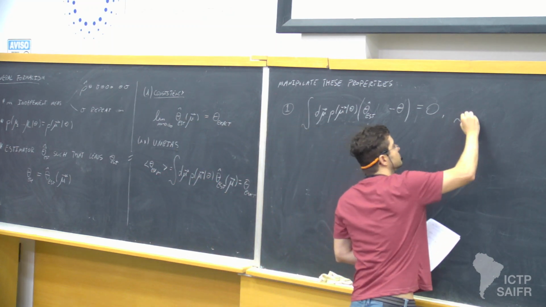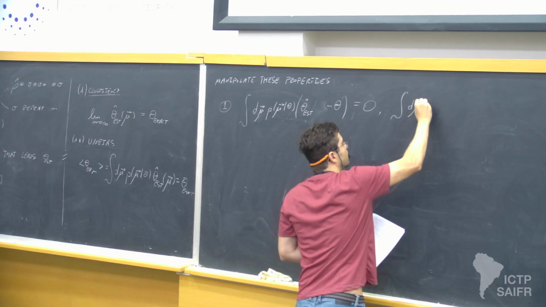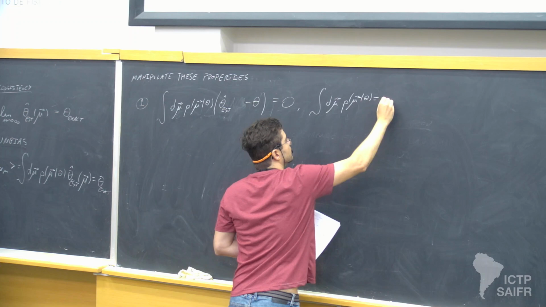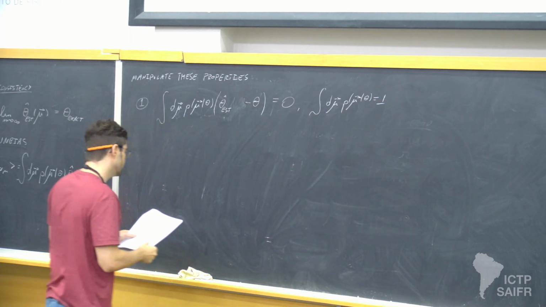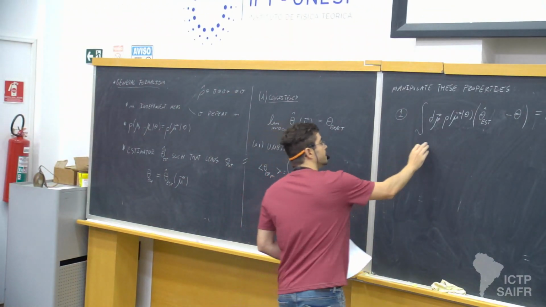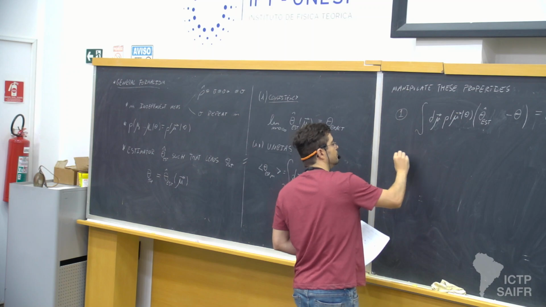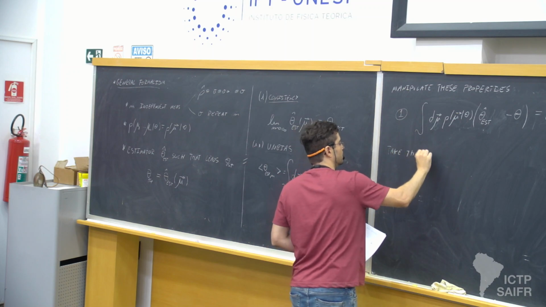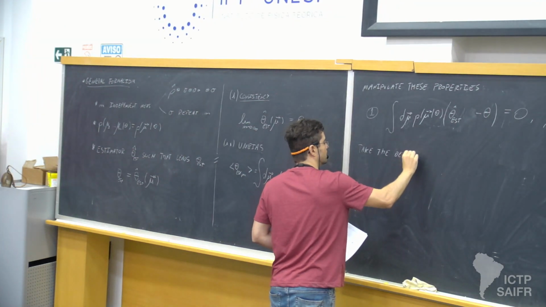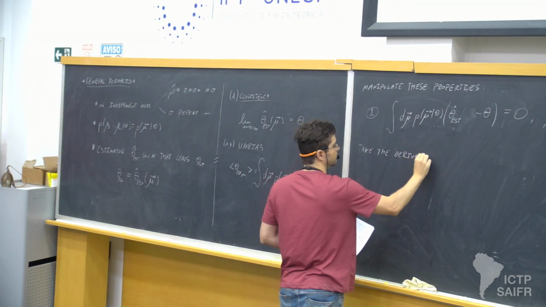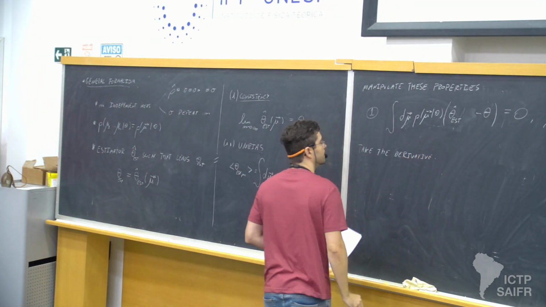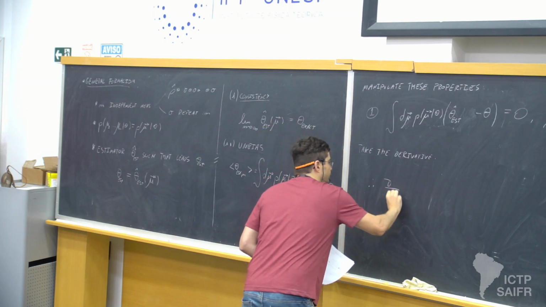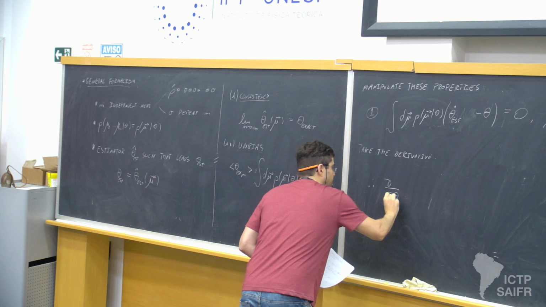Just because the integral of the probability distribution given theta is always equal to 1, we can then take the derivative of this function with respect to the exact theta.